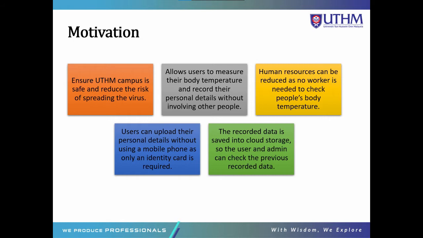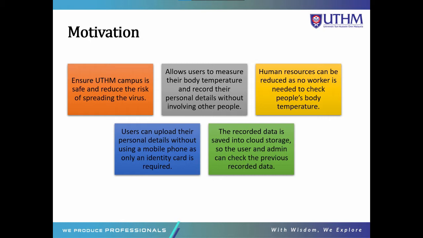The IoT-based contactless body temperature scanning system was developed to ensure the UTHM campus is safe and to reduce the risk of spreading the virus. It allows users to measure their body temperature and record their personal details without involving other people. Meanwhile, human resources can be reduced as no worker is needed to check people's body temperature.